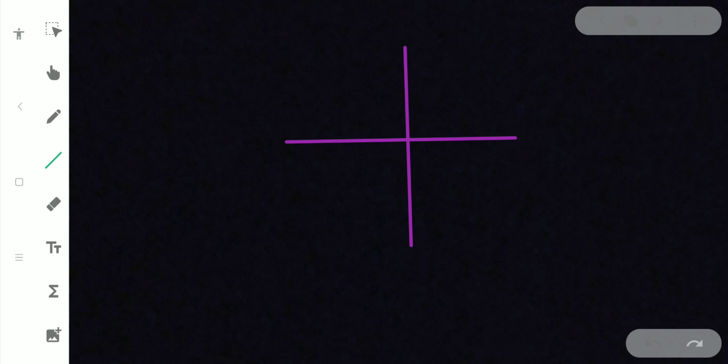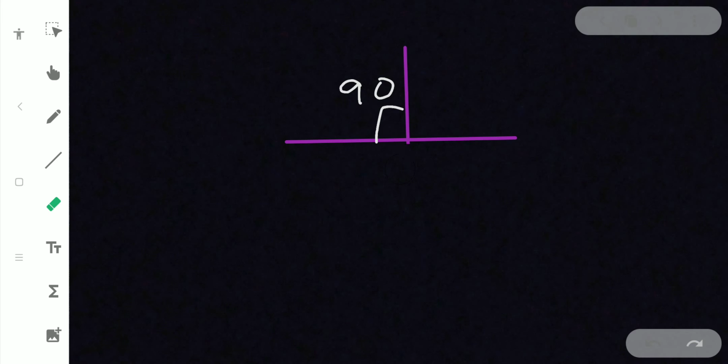So if one angle is 90 degree, you know that automatically all angles will be 90 degree. But how? If this is 90 degree, just consider only this part.